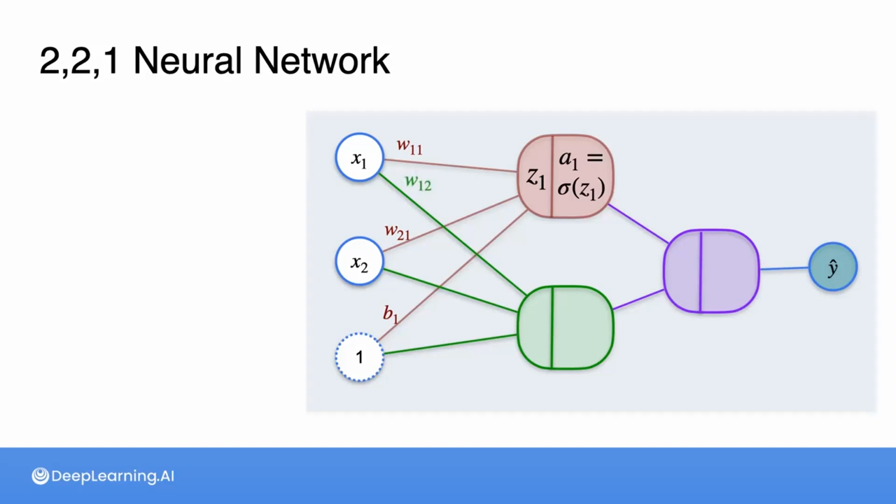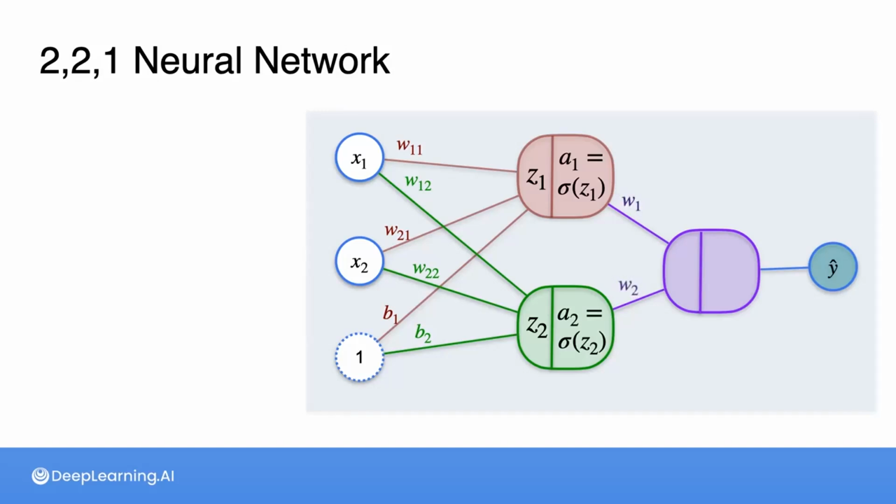Similar thing. W12 and W22 are the weights, the bias is B2, Z2 is the usual summation of the weights times the features plus the bias, and when you apply sigmoid to this, you get A2. And A1 and A2 are the inputs to the purple perceptron.